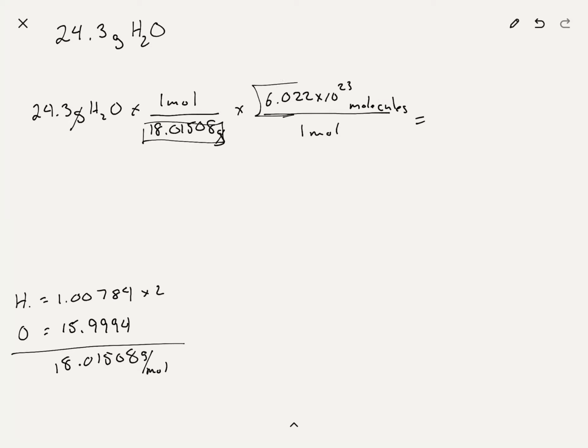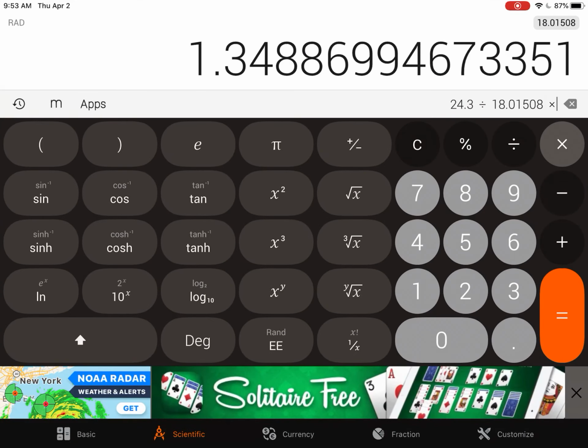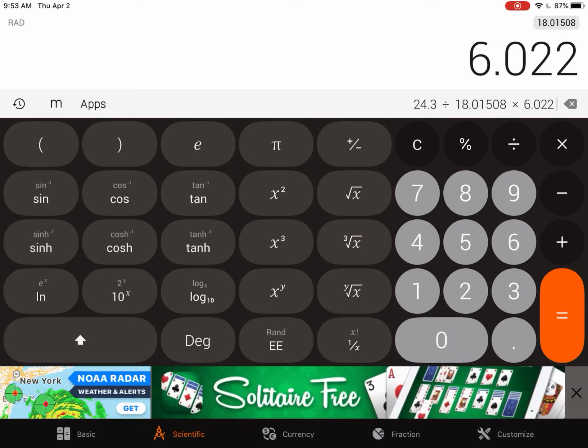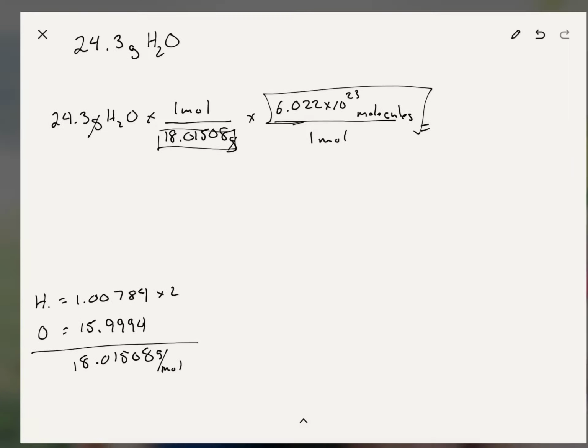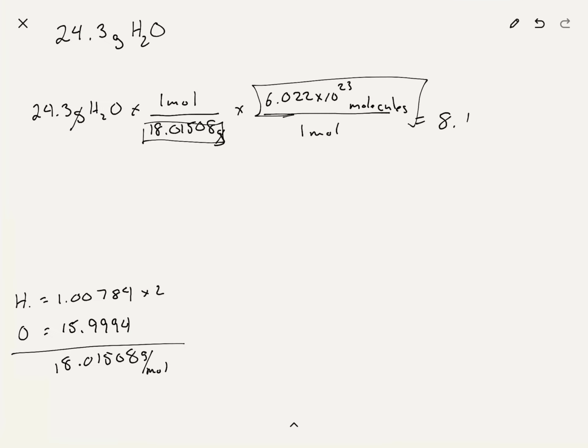So 24.3 goes below the line, so we divide by 18.01508, and we multiply by the next one, Avogadro's number. And we get 8.1228 molecules of H2O.